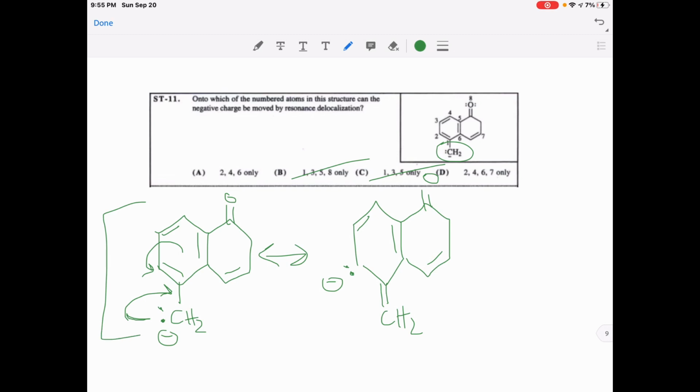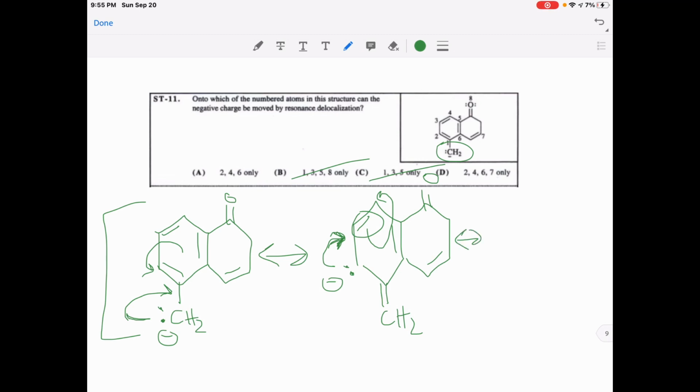Now let's try moving this electron pair again. If I move this electron pair down here to the next C-C single bond, now this double bond has, again, 2 choices just like in the previous case. But since we're talking about which carbon can have the negative charge, we want to move it here. That's our next possibility. So let us do that.